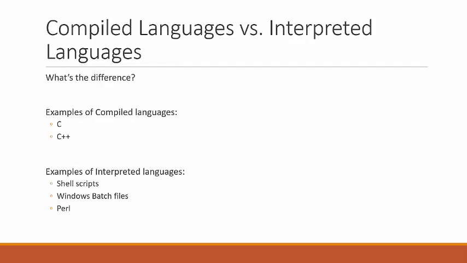And we already looked at this. Compiled languages, C, C++, C Sharp, all that stuff. Interpreted language, shell scripts, within Linux and Unix environments. Windows batch files. Anyone remember doing those? Remember the old DOS batch files, which is nothing but a text file with a bunch of commands in it that is executable?